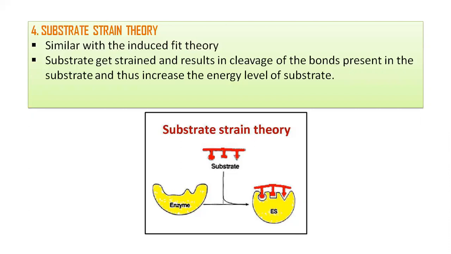But here, after formation of ES complex, the substrate gets strained over the surface of enzyme, and due to such straining, there is cleavage of the bonds present in the structure of substrate, and such cleavage increases the energy level of the substrate as well as increases the mechanism of enzyme action.